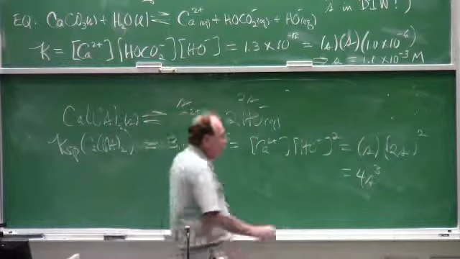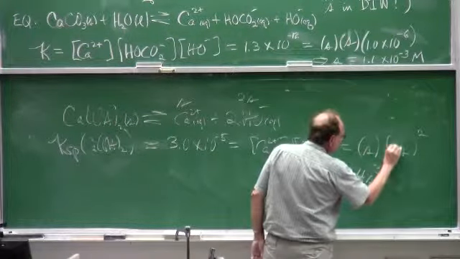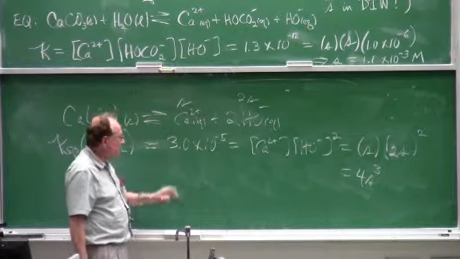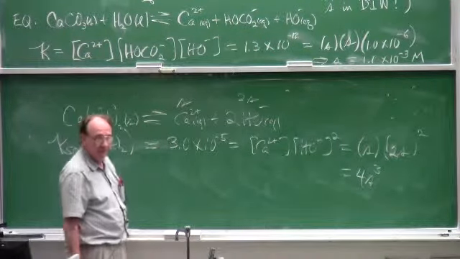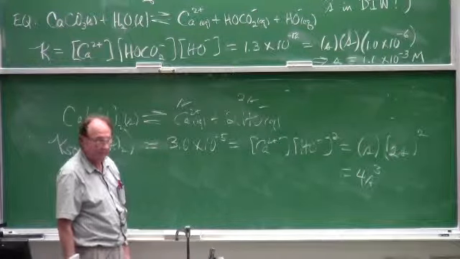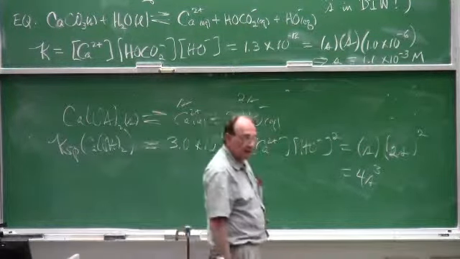That's it. Nothing fancy about this. So 4S cubed is 3.0 times 10 to the minus 5. This gives me the solubility of calcium hydroxide in straight water. You can do the arithmetic.